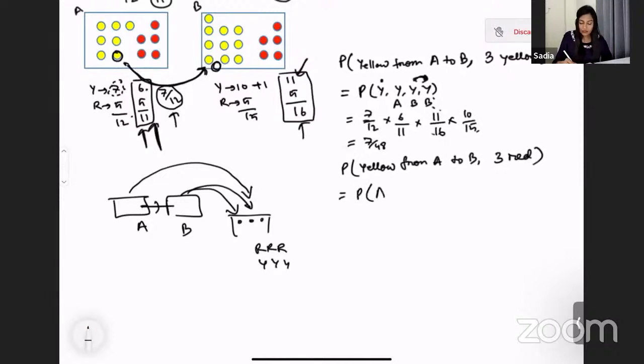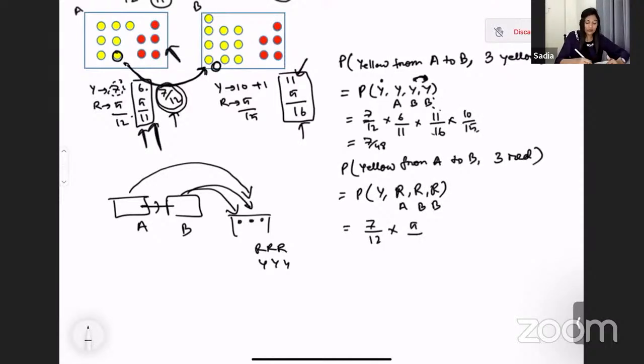And this part is yellow, and then the 3 marbles are red. So the first phase yellow is fixed, 7 by 12. Then you need to select 1 red from bag A and 2 red from bag B. So when you are selecting red from bag A, we have 5 divided by total 11.